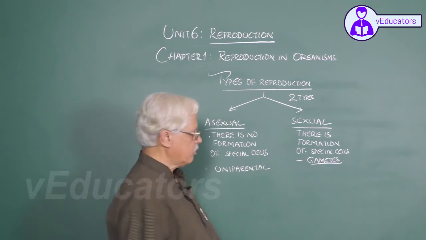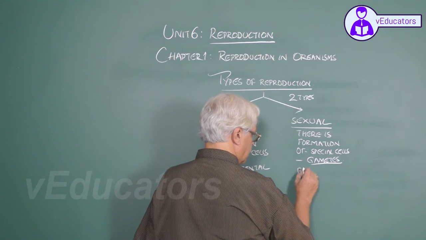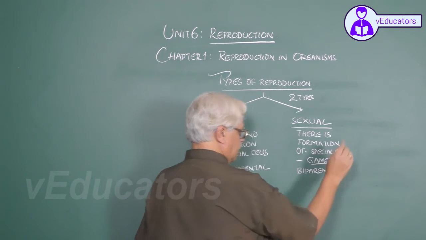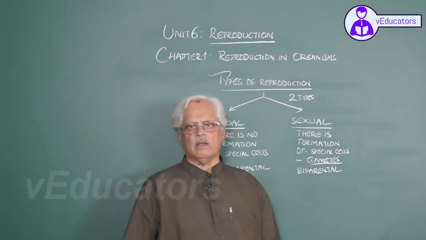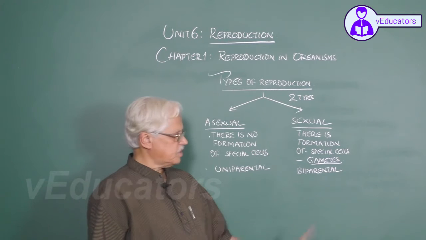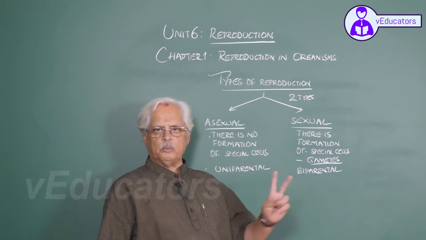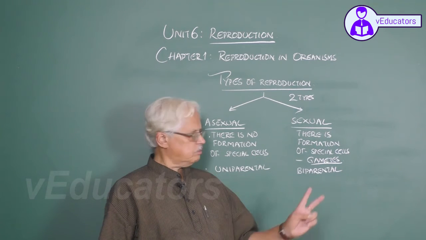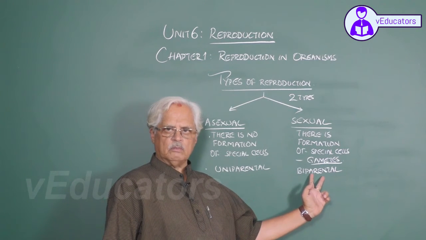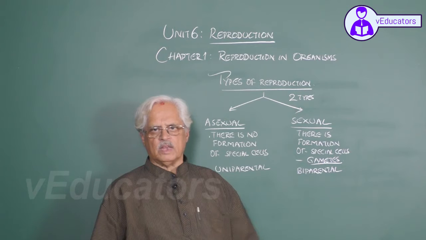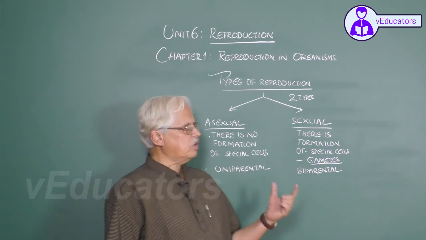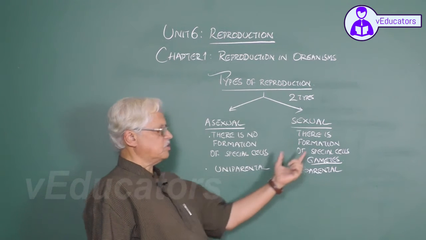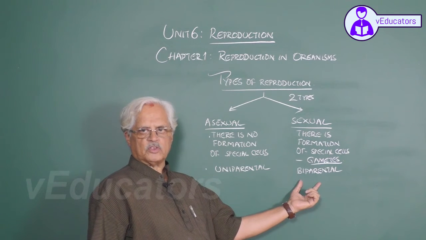Number two, sexual reproduction is biparental. It means for sexual reproduction to take place, two parent organisms, or in the same parent organism, two parental units, male and female, become necessary. So these are the two main types of reproduction: asexual reproduction and sexual reproduction.